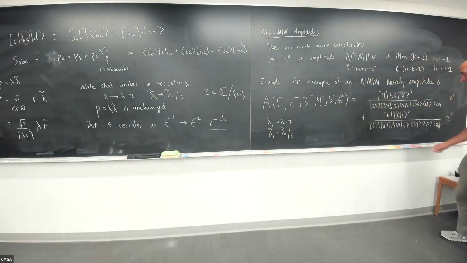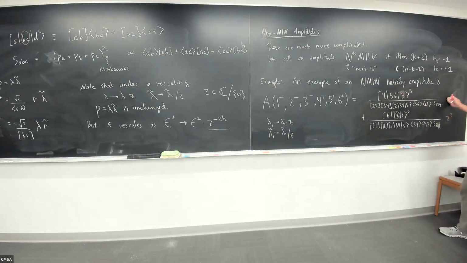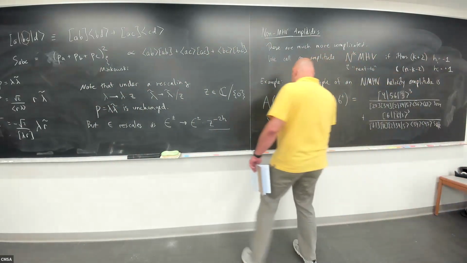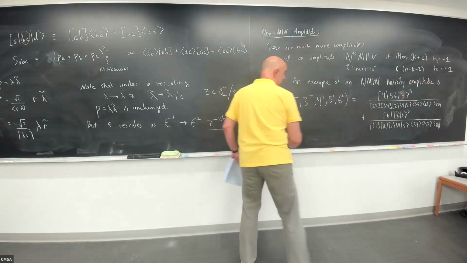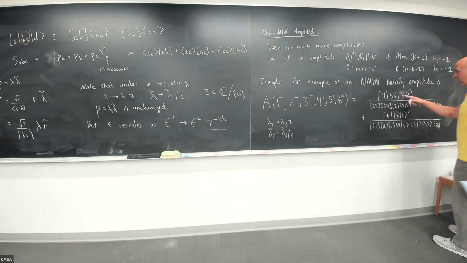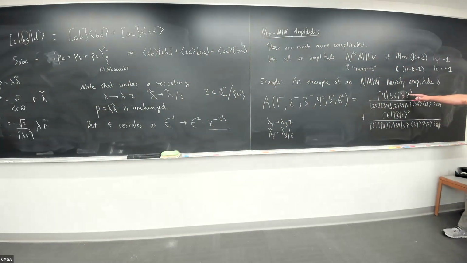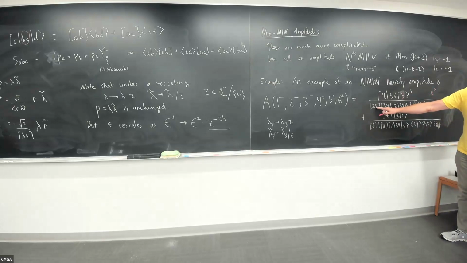So if I made an error and put a 3 here, I would be able to catch my error by checking the rescaling of particle number 3. Because now, if I count the powers of z, I have z cubed in the numerator here, and 1 over z, 1 over z.